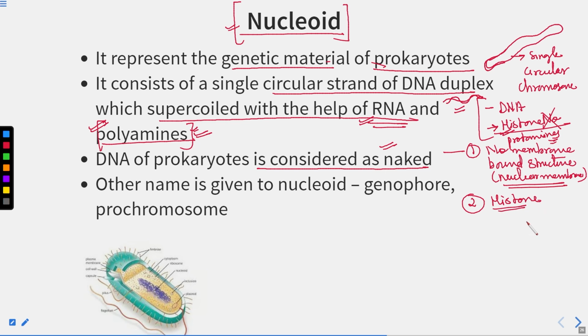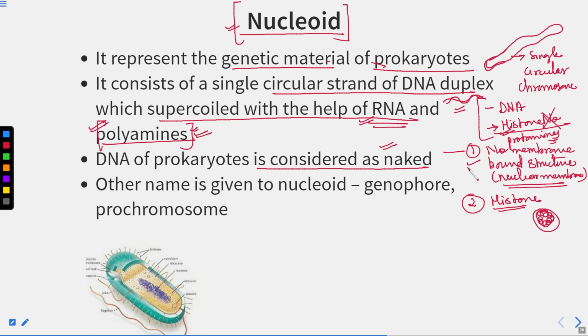Histone gives a very high level of coiling, and it packs this DNA into a very small place, a long stretch of DNA that can be present in a very small space. Instead of this, they have polyamines.